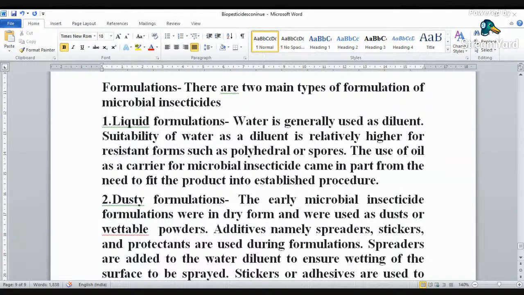Okay, this is near about the last point, that is the formulation of bioinsecticides.